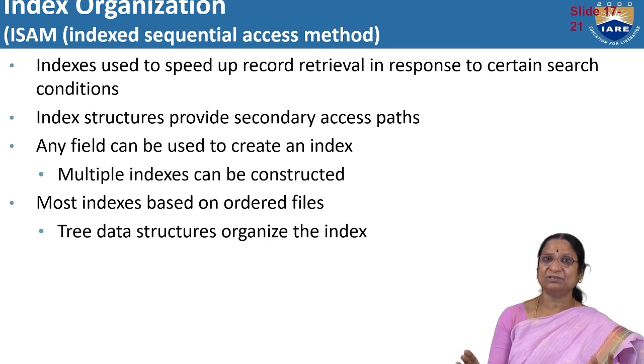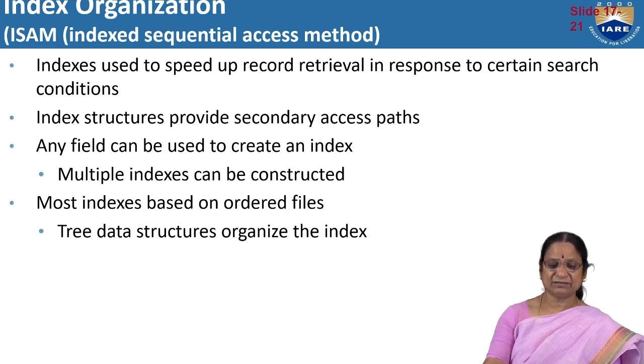But in indexed organization, we can create an index on any attribute, so that data access is faster based on any kind of search condition. Any field can be used to create an index, and multiple indexes can also be considered.